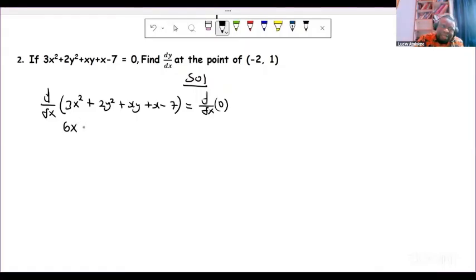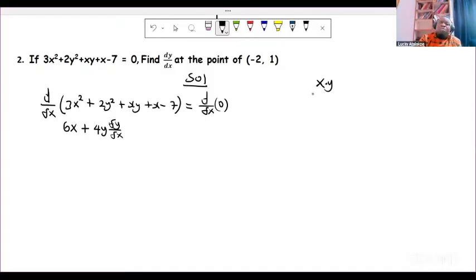Now, this is y. Normally, it is dy dx. As long as you are differentiating y with respect to x, you say 2 times 2 as usual, that will be 4. Then y, 2 minus 1 is 1. Because you differentiated the term involving y, you put the dy dx beside it.